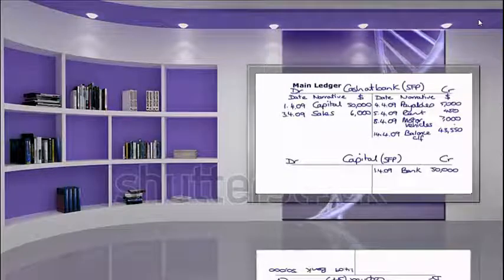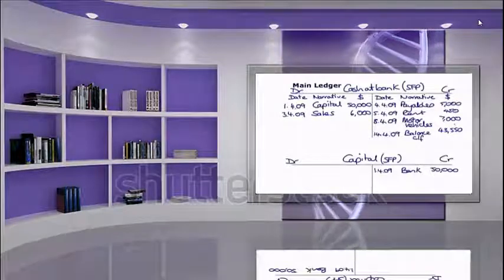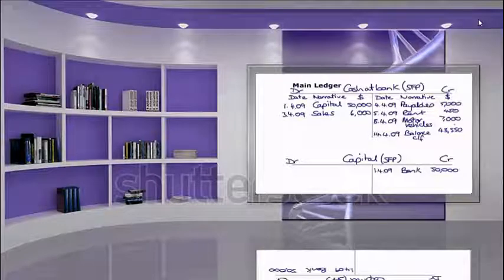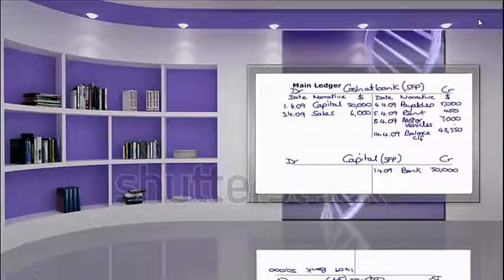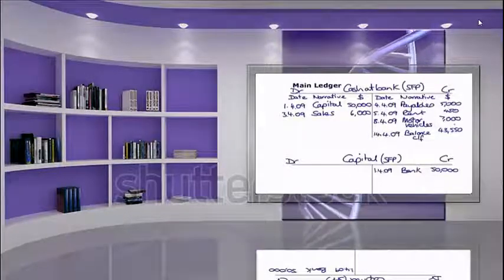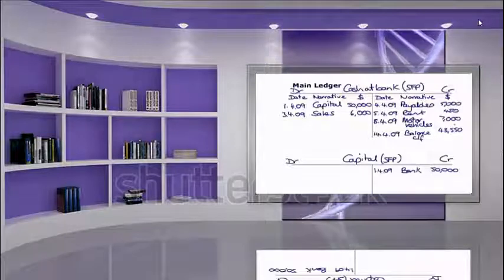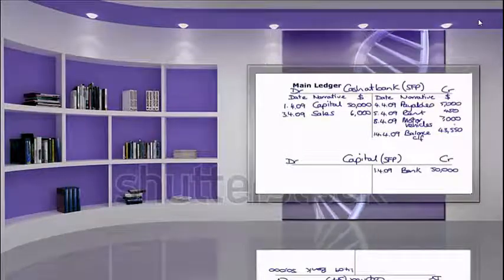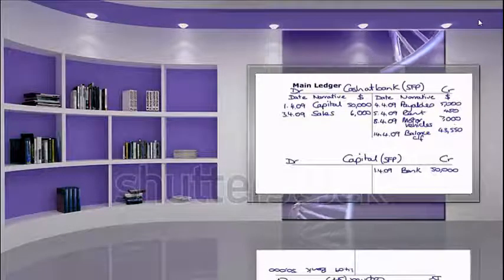Now, because you've inserted that balancing figure, both the total of the debit and the credit side would be equal. So at this point then, with your rulers, you need to rule off a total.